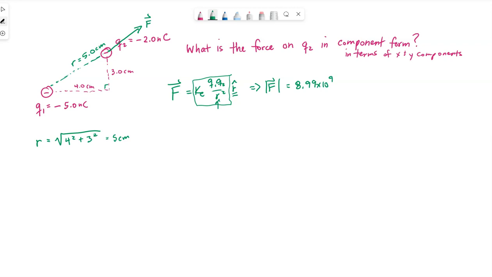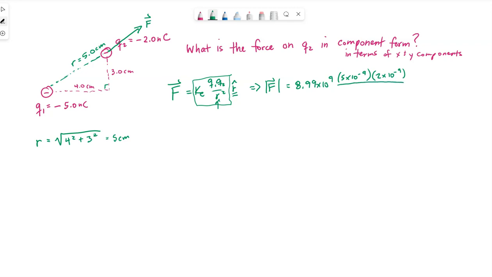we have K. I am in the habit of just putting in my absolute values of my charges. So I'm not putting my negative signs on, because I'm going to make sure the direction I'm describing the vector at in the end is correct.